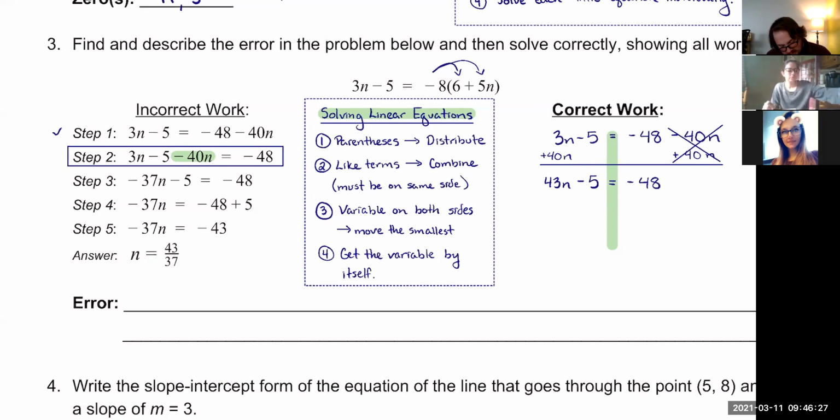All right, so while we found the error, before I forget it, let's go ahead and describe it before we finish solving this the rest of the way.